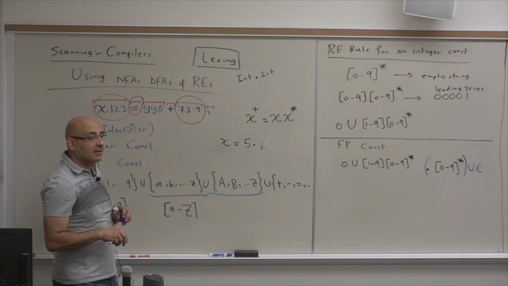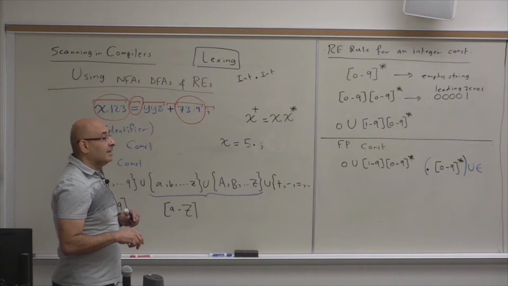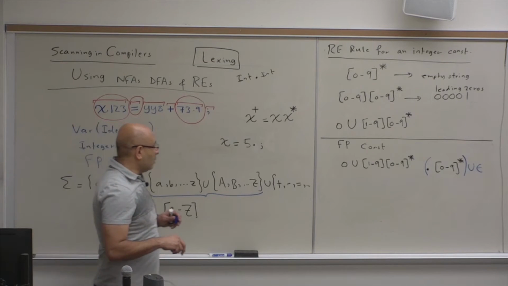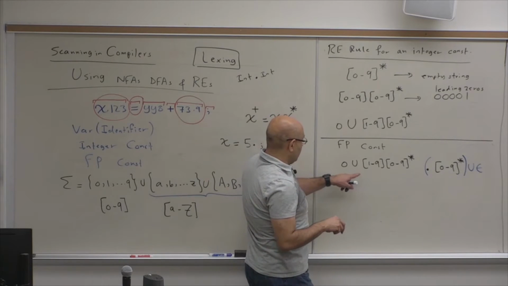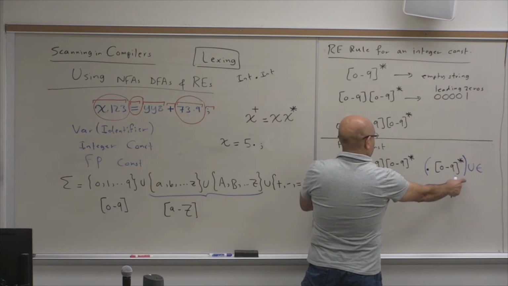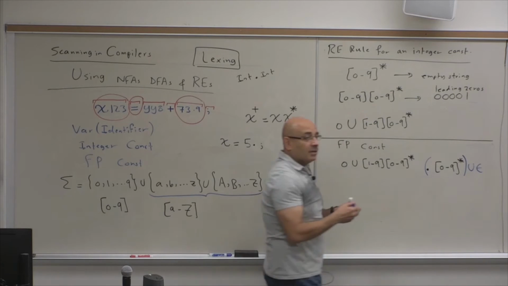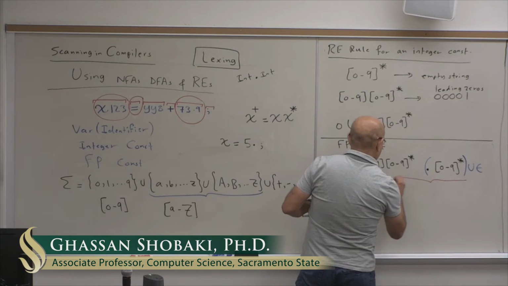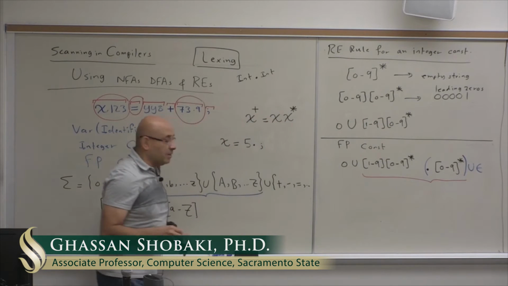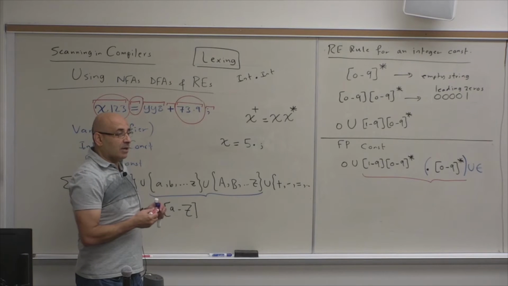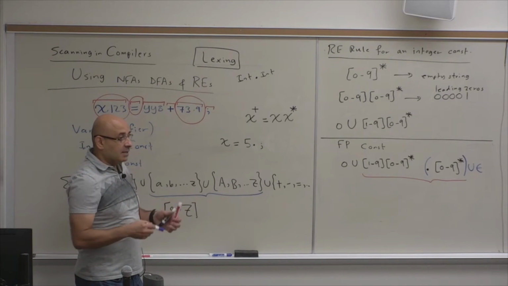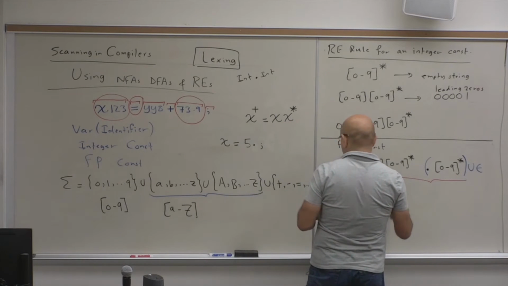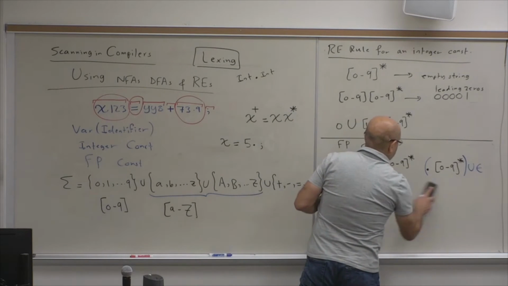Why not? Some parentheses. Yeah, I need parentheses because according to the precedence rules, this concatenation will have higher precedence than the union. So this concatenation between this whole thing will be done before the union, and this is not what I want. So I need to use parentheses to override the precedence rules.